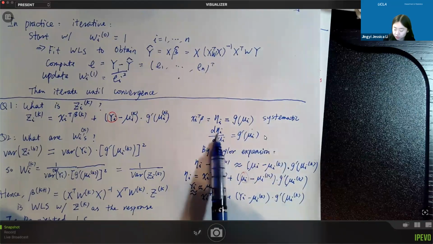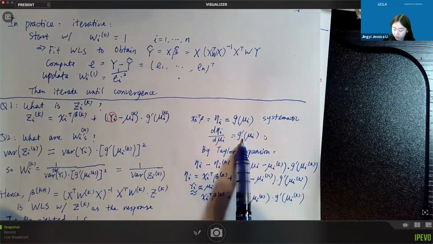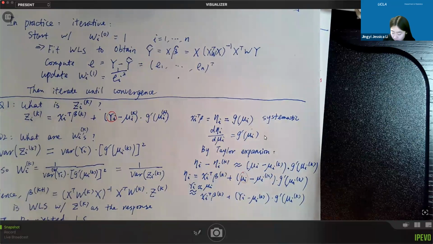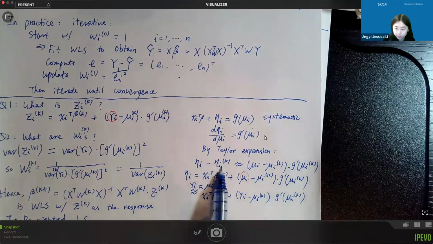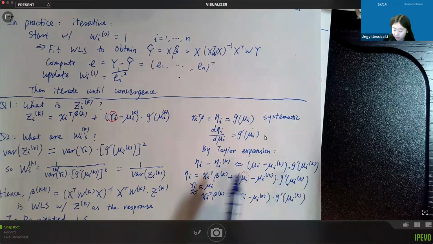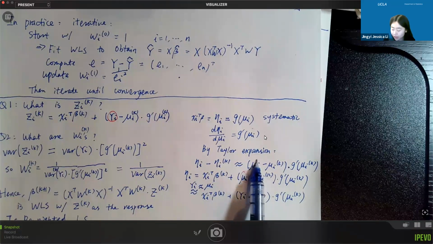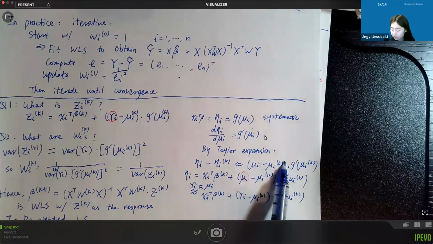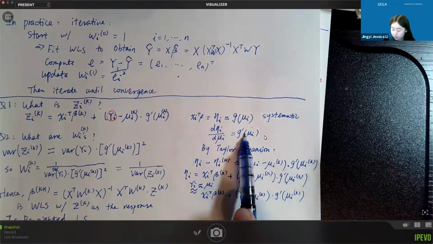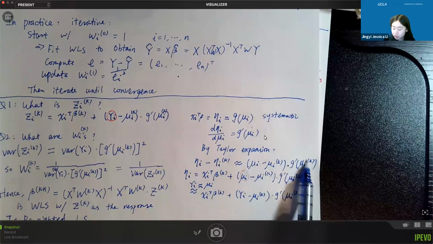So if we take the derivative of eta_i with respect to mu_i, we get g prime of mu_i. This allows us to do a Taylor expansion for eta_i at its current value, eta_ik. Suppose eta_i is the true value we are interested in, and eta_ik is the current value in our iteration k. The first-order Taylor expansion gives eta_i minus eta_ik approximately equal to mu_i, the value we are interested in, minus mu_ik, using the first derivative at mu_ik as the slope.